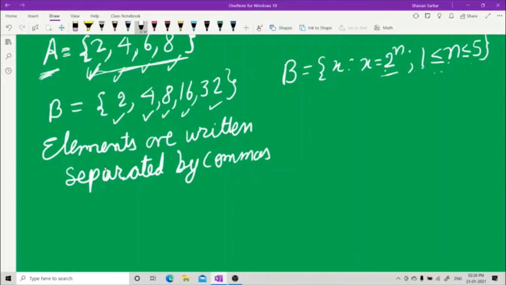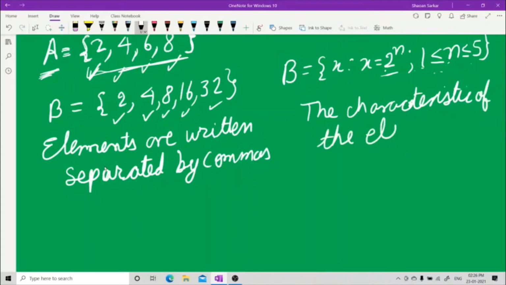Here we write the characteristics of the elements. This is the only difference, right? Let me draw the line.